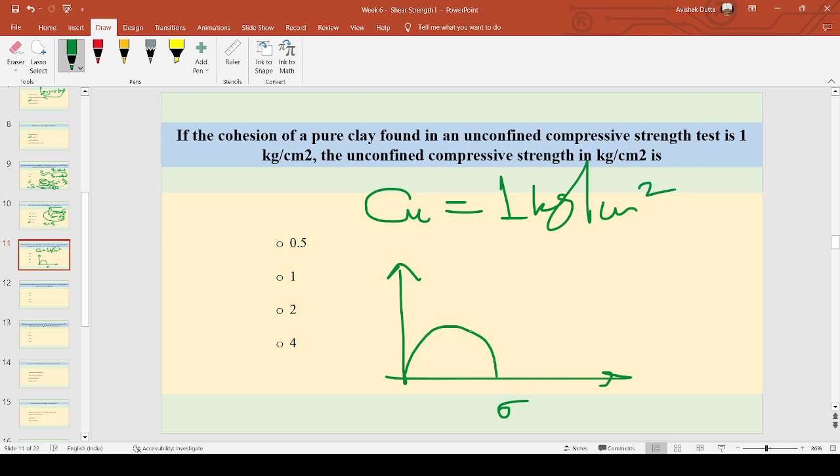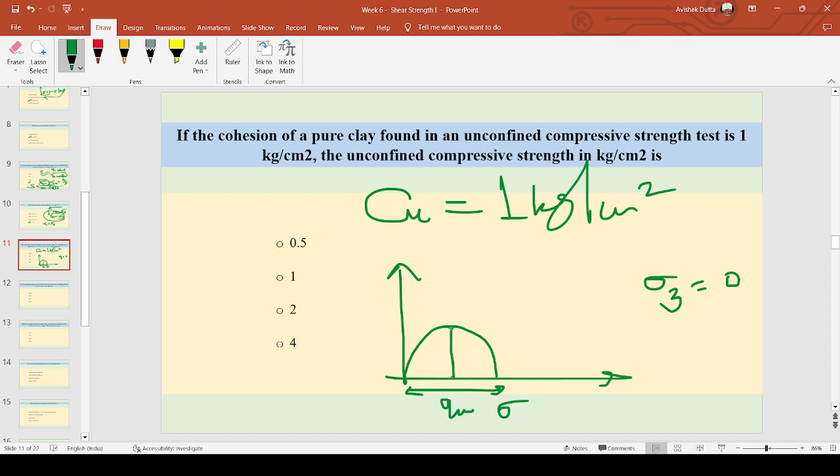and in this case this is the value of compression. Here sigma 3 is equal to 0 because it is unconfined, hence it is starting at the origin, and the diameter of this circle is Qu, the unconfined compressive strength, and this is the radius.